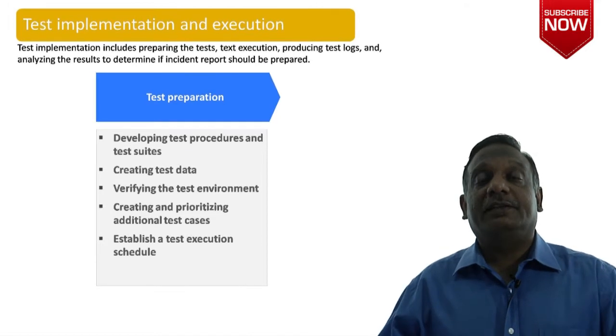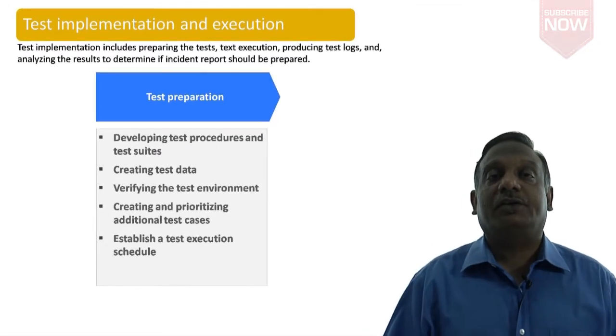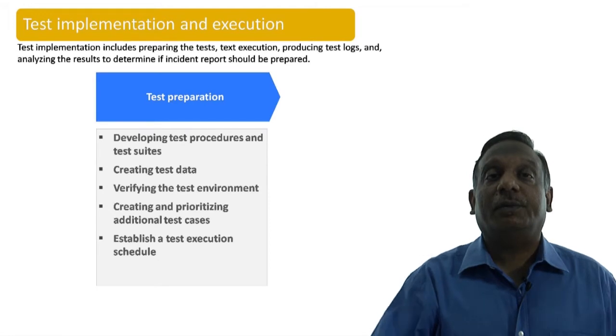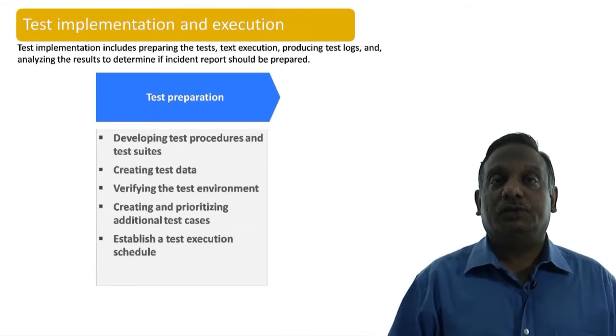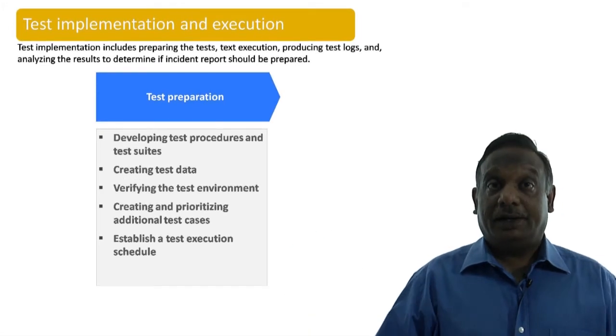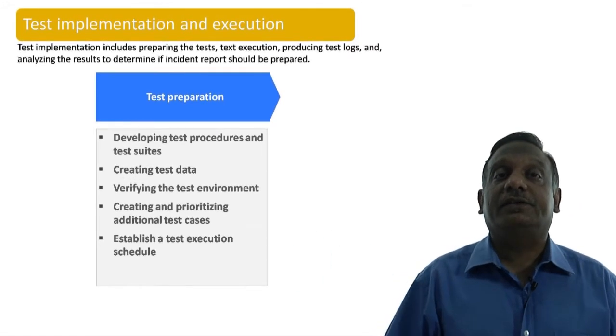The extra things that we add to your test case document make it a test procedure document. You create them so that anybody can take this document and start the test execution process.